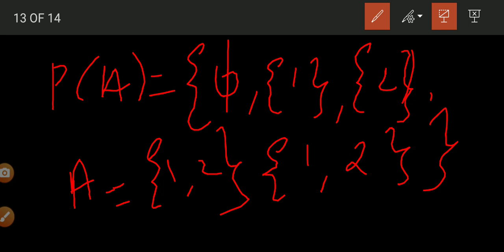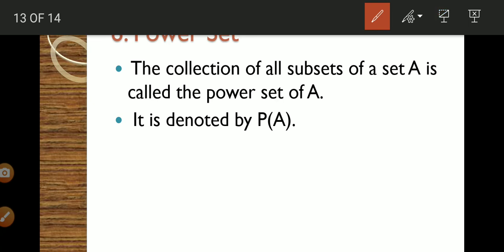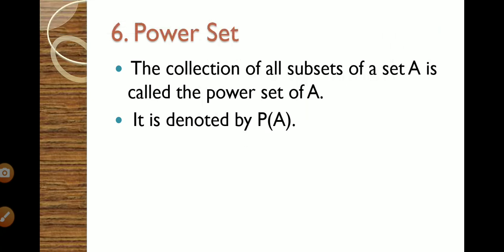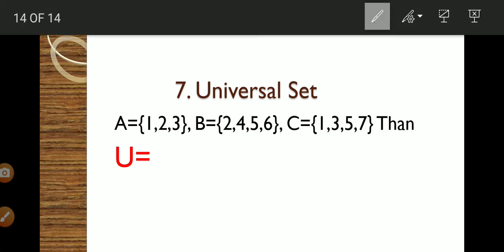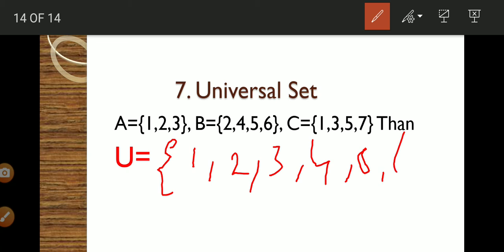And we move on to the last set, the universal set. If I give the example A equals 1, 2, 3, B equals 2, 4, 6, C equals 1, 3, 5, 7, then the universal set can be written as 1, 2, 3, 4, 5, 6, 7.